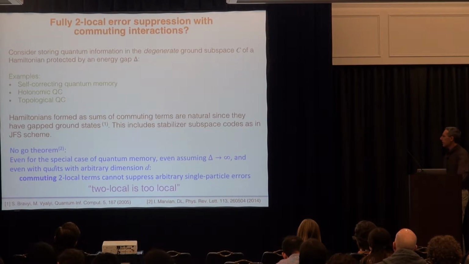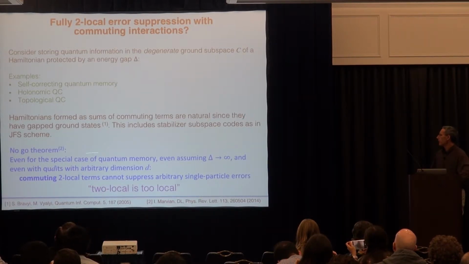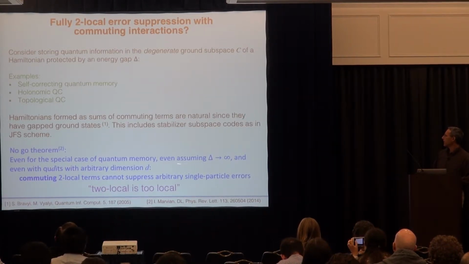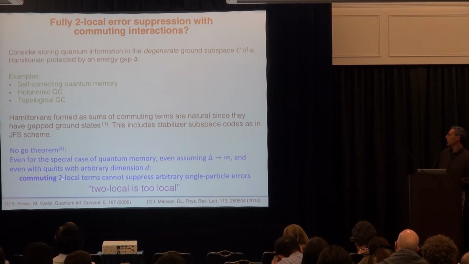So the theorem says this, that even if all you want to do is store information, not compute, so let's set the system Hamiltonian to 0 and consider just a penalty Hamiltonian. So even if we just want to store information, even if we assume that the gap is infinite, and we allow qudits with arbitrary dimension d, then commuting two local terms fail.